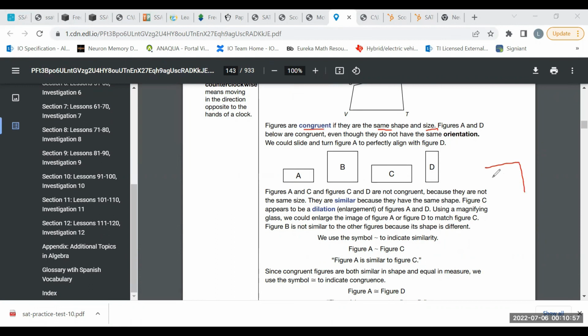Orientation as in it can be sleeping, it can be standing, but as long as they are the same shape and the same size, they are still congruent. Now, let's say they have the same shape but not the same size. Then they are not congruent, but they become similar. Okay? Yeah.